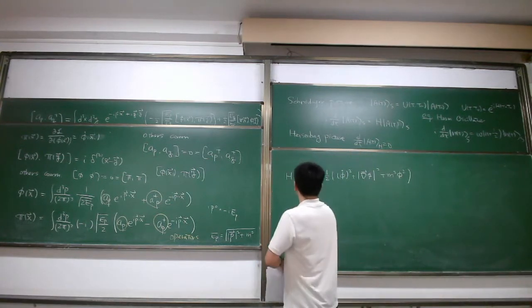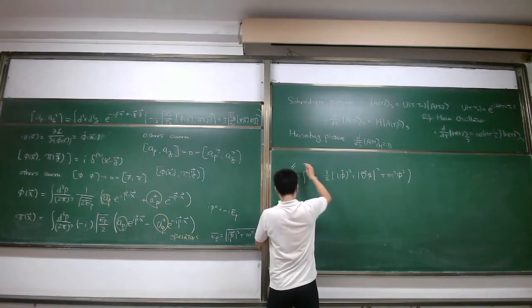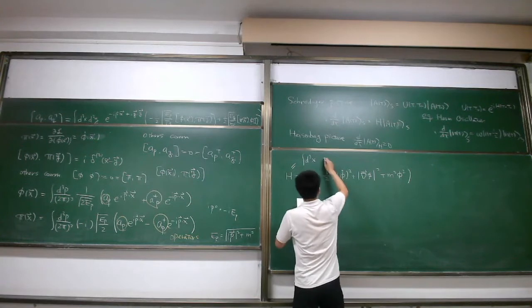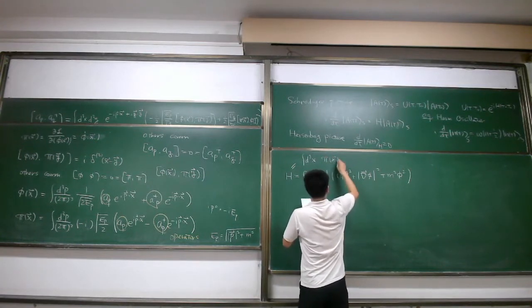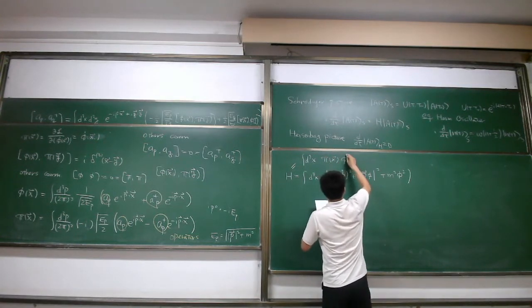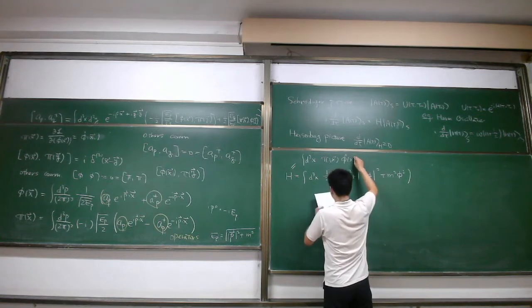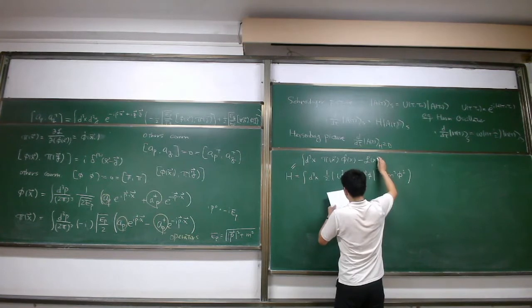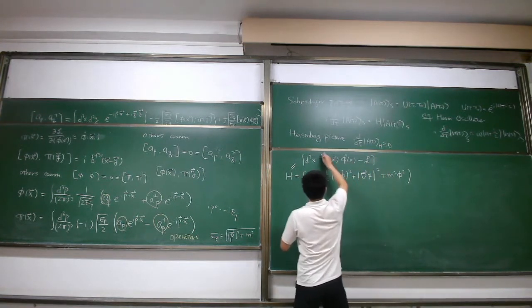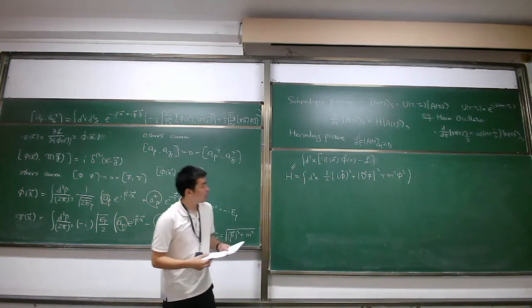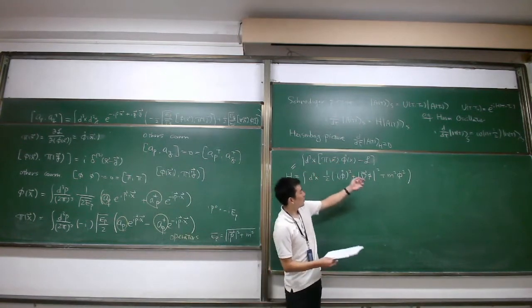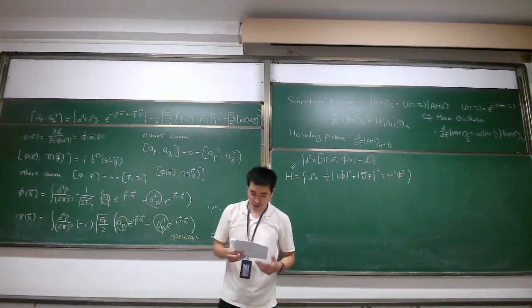Of course, this follows the definition of the Hamiltonian. I hope you already remember. This is the Hamiltonian definition, and this is the Hamiltonian density. Okay, I hope this is okay.